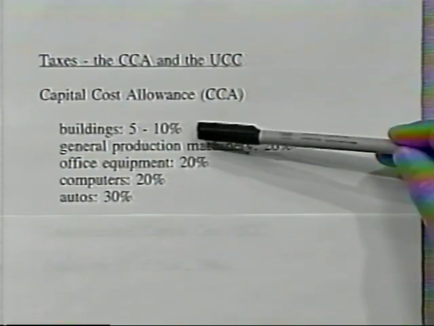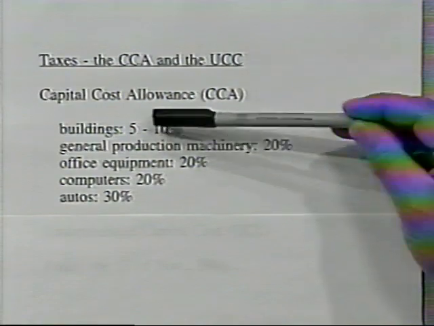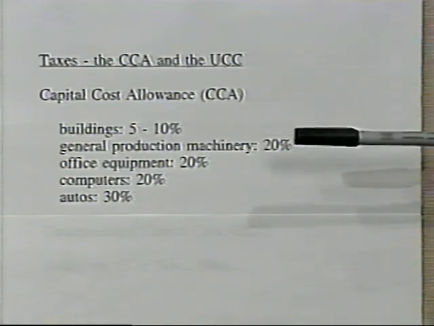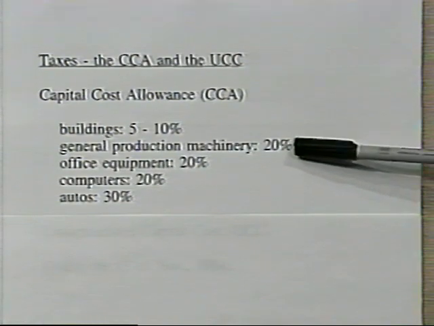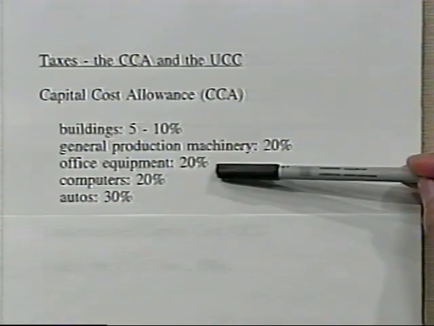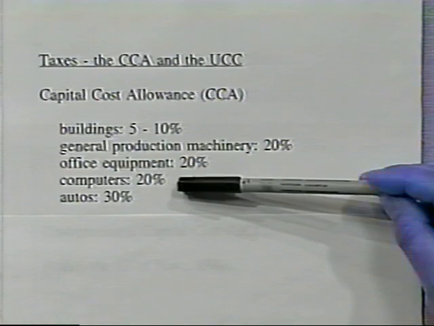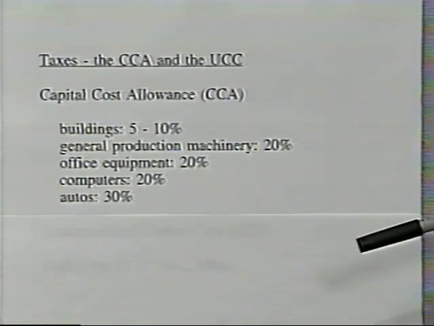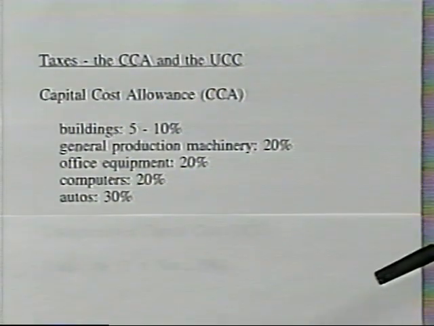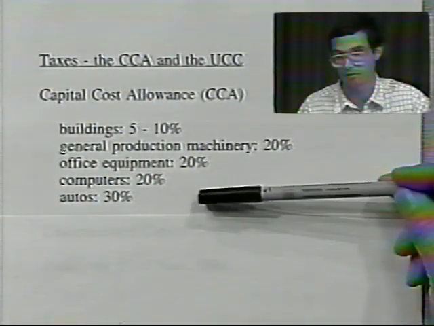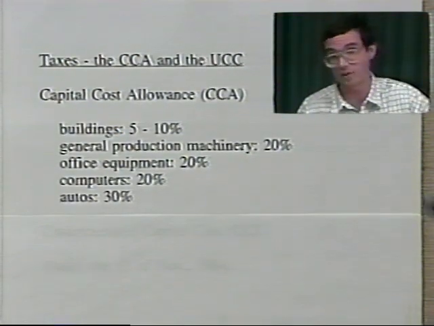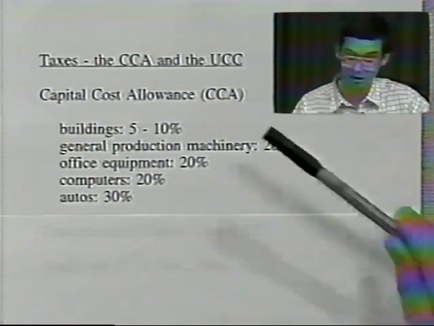So the depreciation rate is limited to 5 or 10%, depending on the kind of building. For general production machinery, 20% is the limit, and also for office equipment and computers. Automobiles, which depreciate more quickly, have a higher depreciation rate limit of 30%. So these capital cost allowances are exactly the same as the depreciation rate D by a different name.